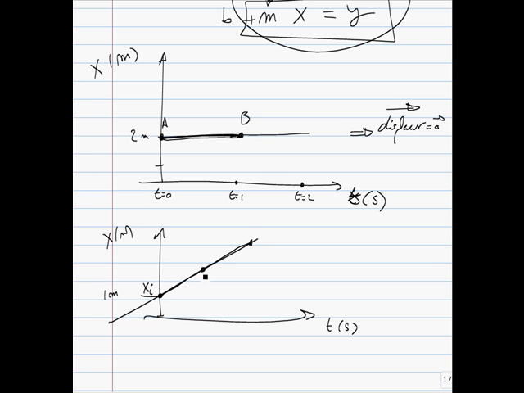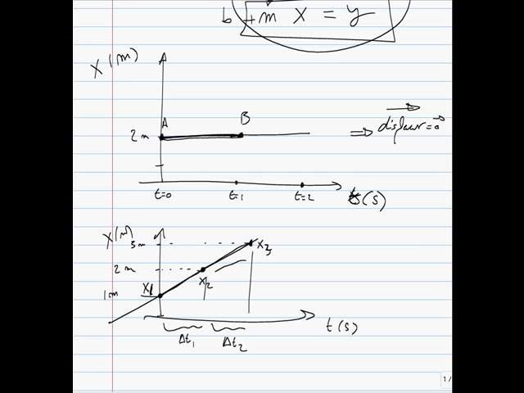Let's say this one, x2, which let's imagine is 2 meters. Then you have moved to a third position, x3. Let's assume it's 3 meters. You went from position x1 to position x2 in a particular amount of time, and you went from position x2 to position x3, say, in another interval of time.